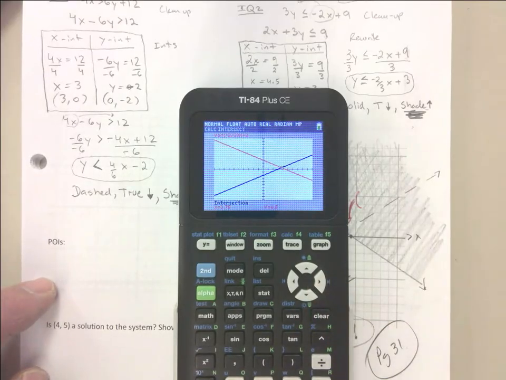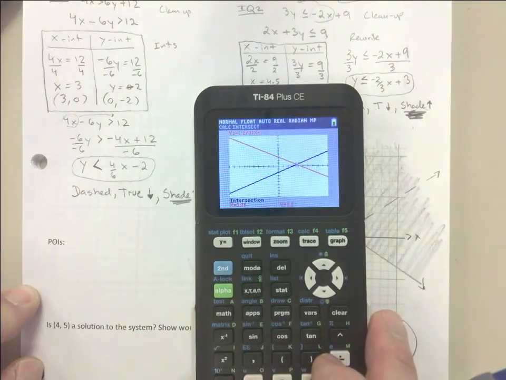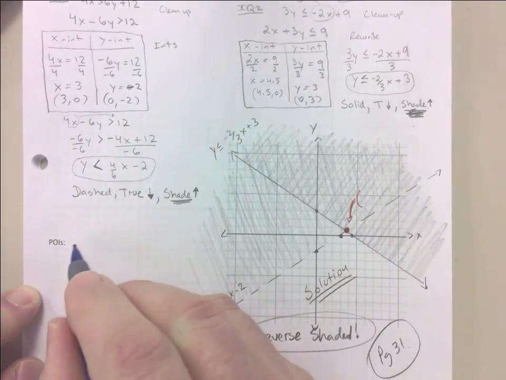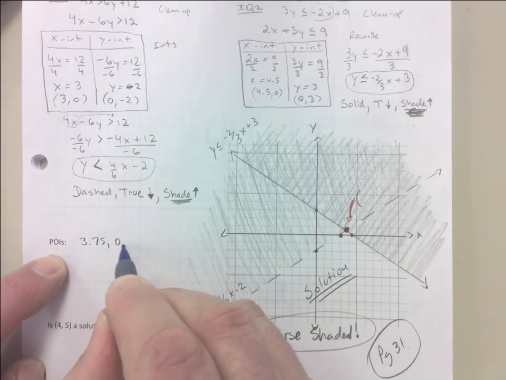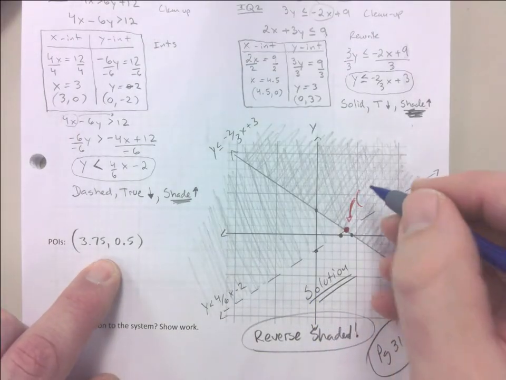Enter, enter, enter. And there it is, 3.75, 0.5. It's hard to see on that screen. I don't know what happens to this camera sometimes. 3.75, 0.5. So let's write that down. I'm going to write it down right here. That is the point of intersection.